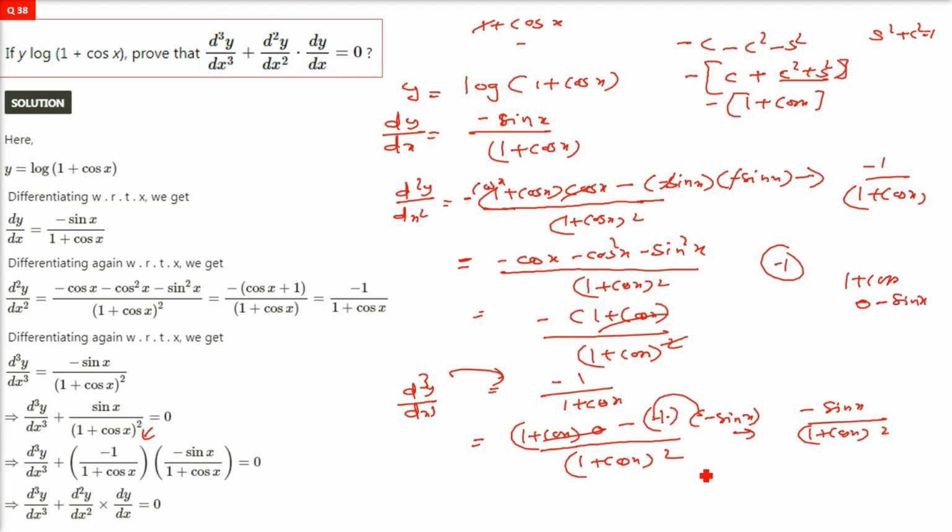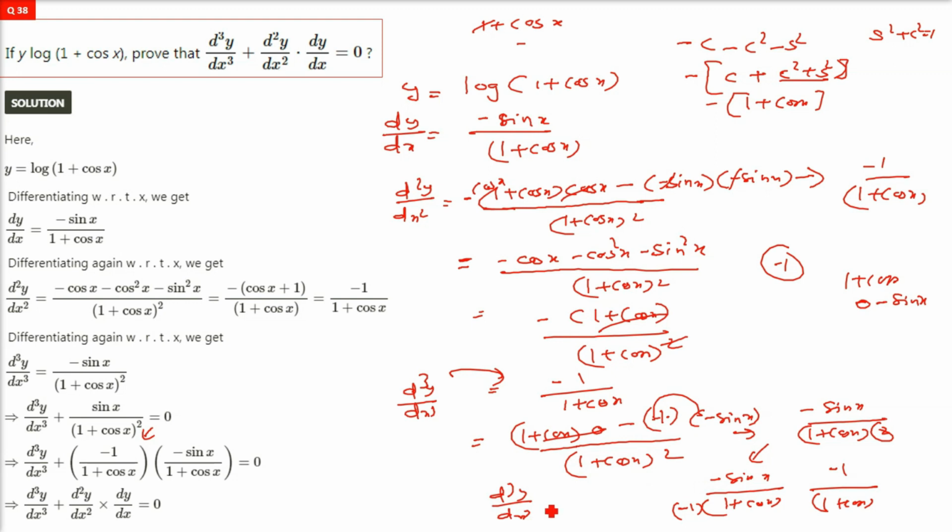Now you see here, we have negative 1 by 1 plus cos x, and this is d2y by dx2. dy by dx is minus sin x by 1 plus cos x. So this I am writing, minus sin x by 1 plus cos x whole square, as minus sin x divided by 1 plus cos x into 1 plus cos x into 1 by 1 plus cos x. Now I am introducing negative 1 in numerator and denominator. Why? Because we know negative 1 by 1 plus cos x is d2y by dx2 and minus sin x by 1 plus cos x is dy by dx.